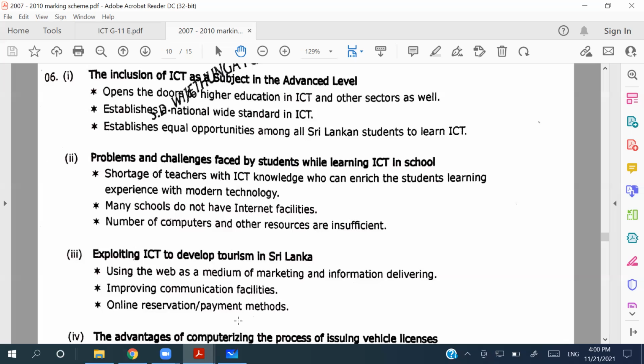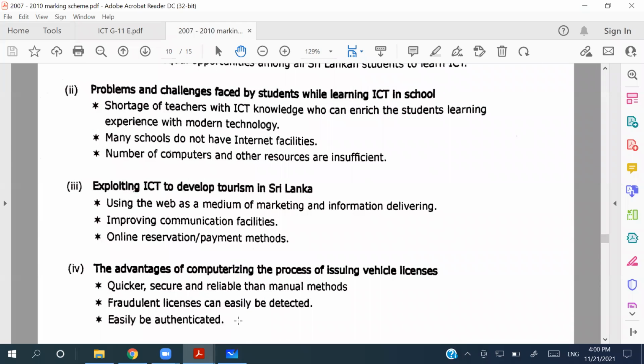And online reservation payment methods, yeah. So any tourist can do the payments in many different ways, right? So those are the factors that you should talk about when you are discussing that kind of topic.